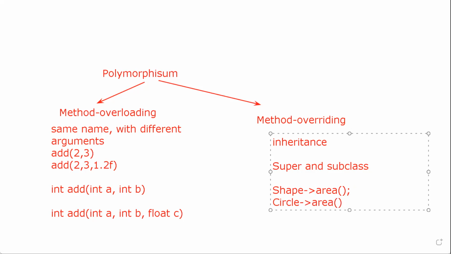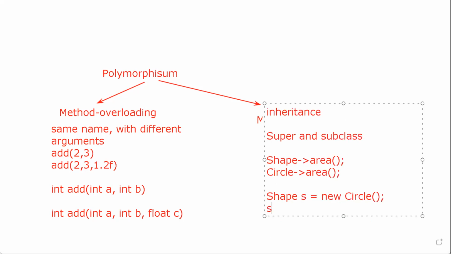We can define it. And if you say Shape s equals new Circle, you can do this. And if you try to call s.area, then it will call the Circle area method, because we are trying to override.